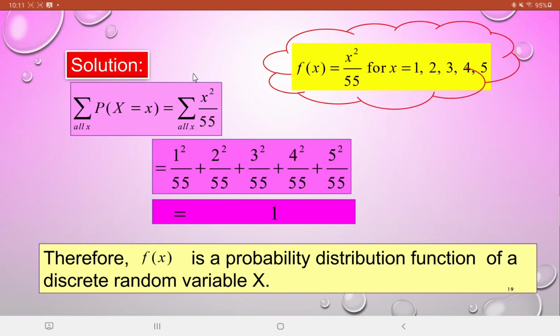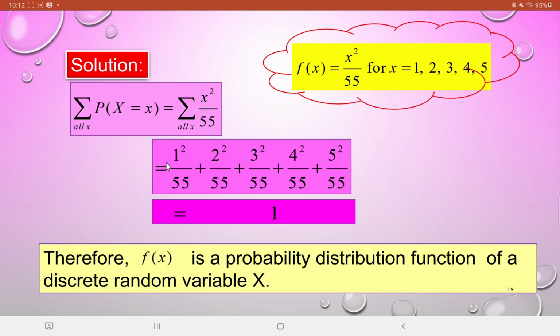So, to show this is a probability distribution function, we need to show that the sum of all the probabilities is 1. The function given is x squared over 55 for x equals 1, 2, 3, 4, and 5. To find the sum of all the probabilities, we substitute x equals 1, 2, 3, 4, and 5 in this function.